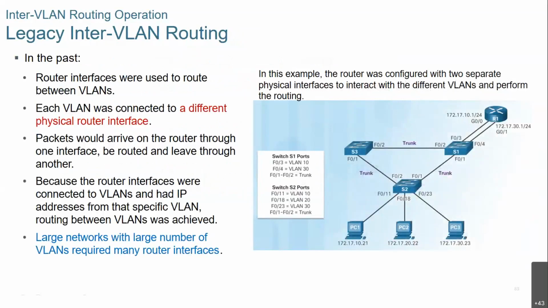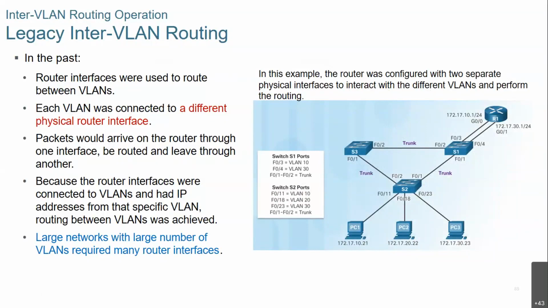In the past, they looked at inter-VLAN routing in a very simple way. You give one router interface per VLAN. If there are 3 VLANs, we give you 3 router interfaces. If there are 5 VLANs, we give you 5 router interfaces. If there are 12 VLANs, we give you 12 router interfaces. Simple enough, right?